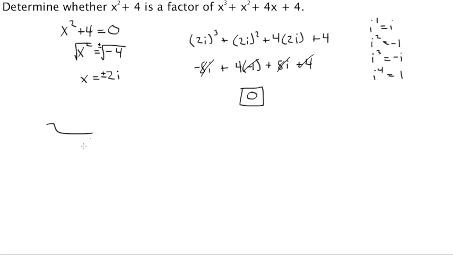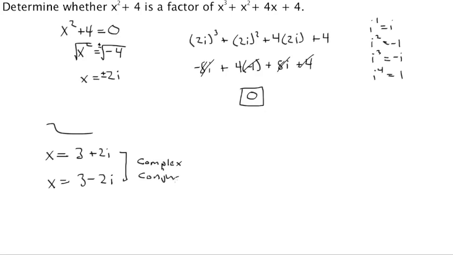So for example, if I somehow knew that x equals, let's say, 3 plus 2i is a 0 of my polynomial, I automatically know that x equals 3 minus 2i is also going to be a 0. These are what we call complex conjugates. If we have one as a 0, they're both zeros.